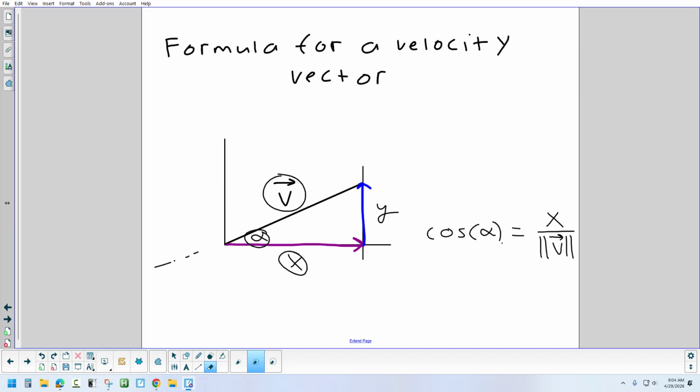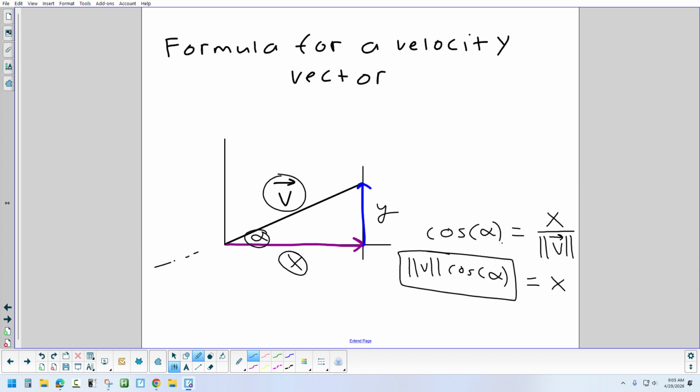All right, and now we'll solve that for x. How would we move the magnitude of the hypotenuse over to the other side? Multiply. Yep, multiply. And that is your formula for the purple arrow. It's the magnitude, which is the speed the object is being thrown at, times the cosine of the angle it's being thrown at.